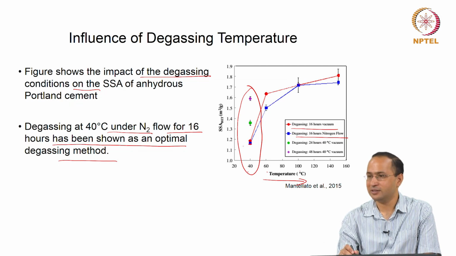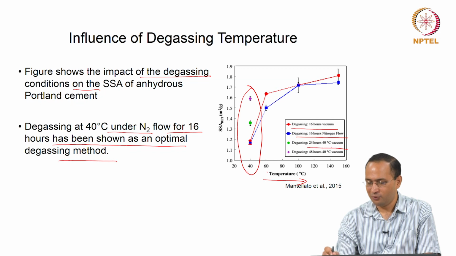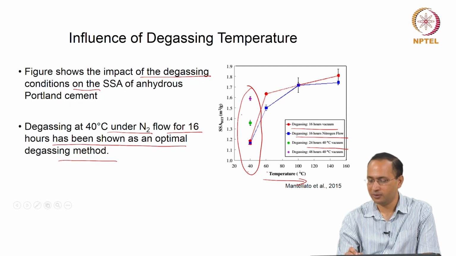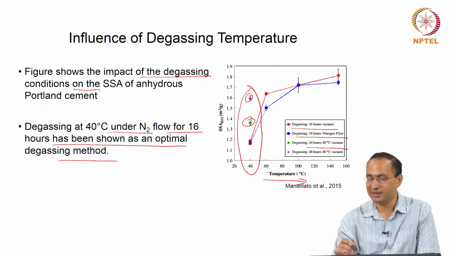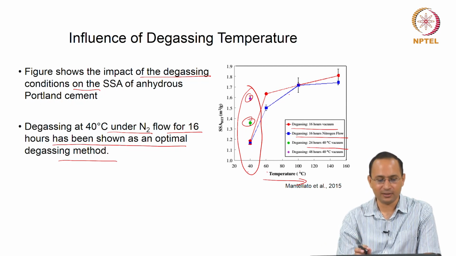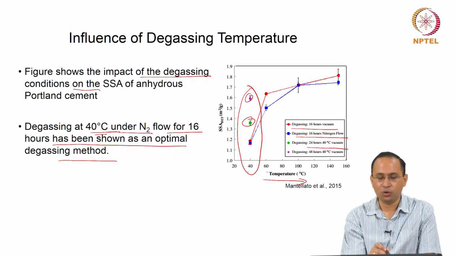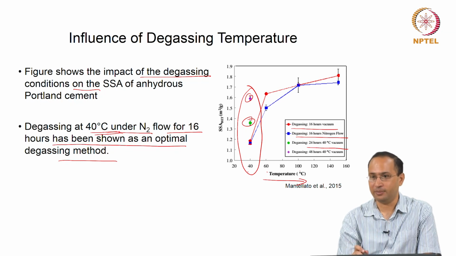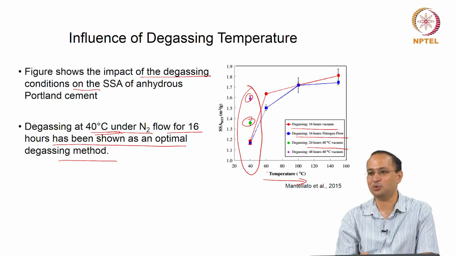So, pretty much close, but if you do it 24 hours at 40 degrees Celsius in vacuum, as you are increasing the time, you see it is affecting your surface area. But if you increase the temperature also, that significantly increases your surface area. The point is, it is good to maintain low temperatures, not too high, because although high temperature will accelerate your degassing, it will affect your microstructure, which you do not want.